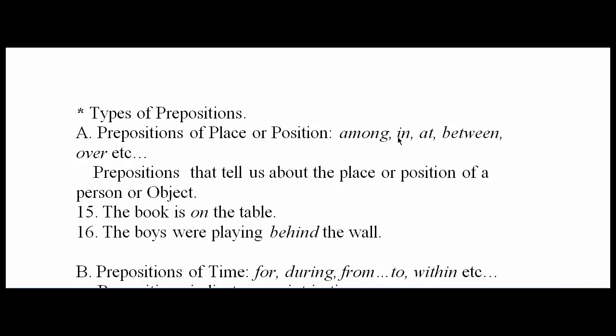Prepositions like among, in, at, between, over, etc. are prepositions of place or position. This tells us about the place or position of a person or an object or a noun. Examples 15 and 16: the book is on the table. The boys were playing behind the wall. On and behind tell you the place or position of the book and the boys.